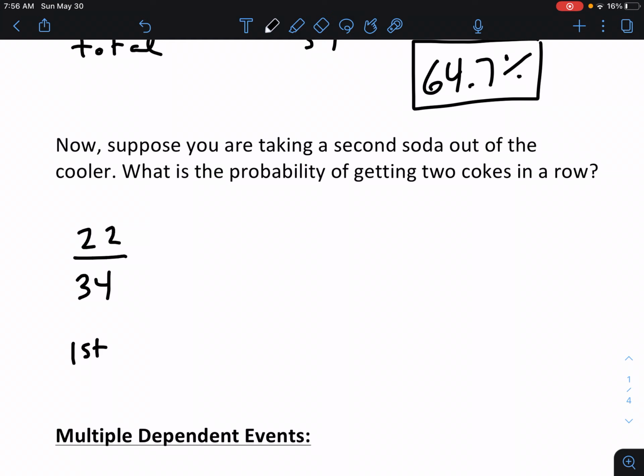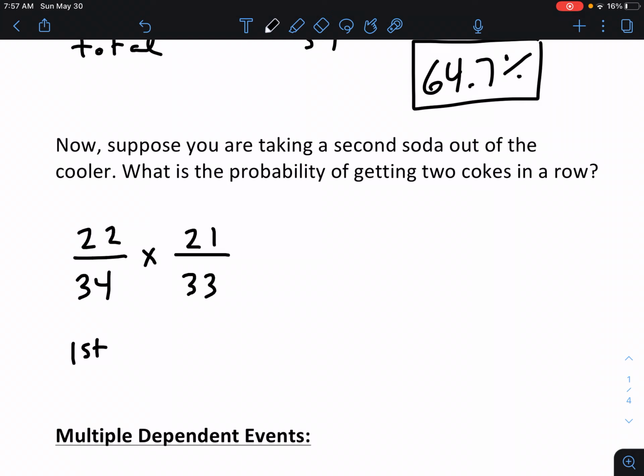Now the second time, if we want to get another Coke, we have to think about what happened. We took one can of Coke out, so that means that now there are only 21 cans of Coke, and there are only 33 total cans. Okay, and so we have to multiply these two fractions together.